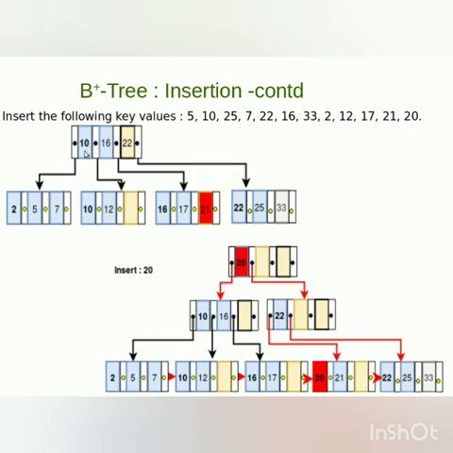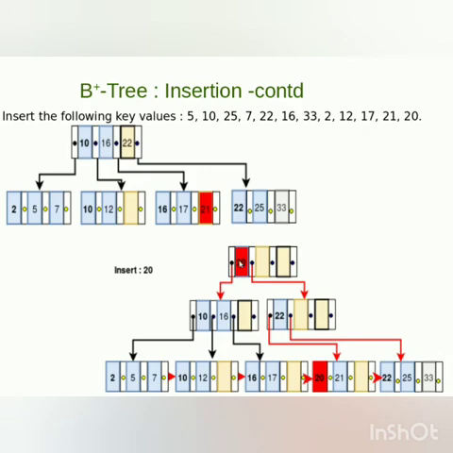Because of this split, our original algorithm says 10, 16, 20, 22, and 20 has to move up, but it would be a repetition, and that is why 20 is avoided from this intermediate level. It is actually present in the leaf node, and here the root is 20.